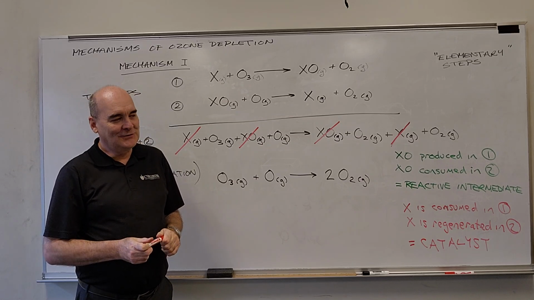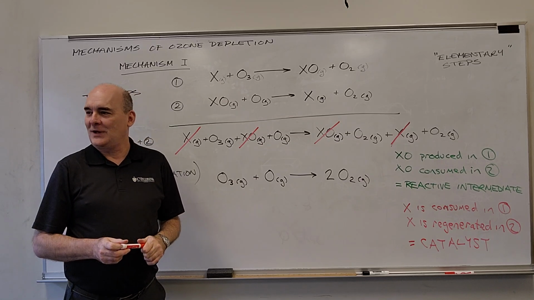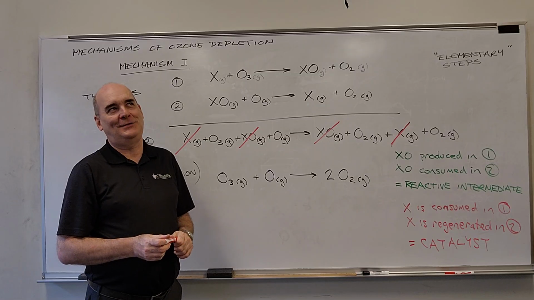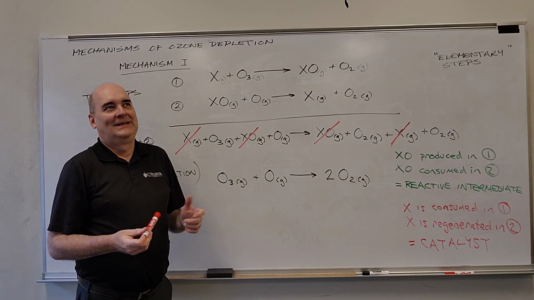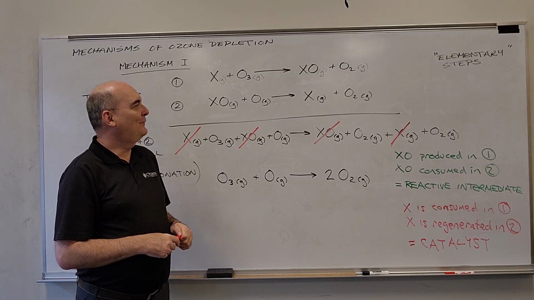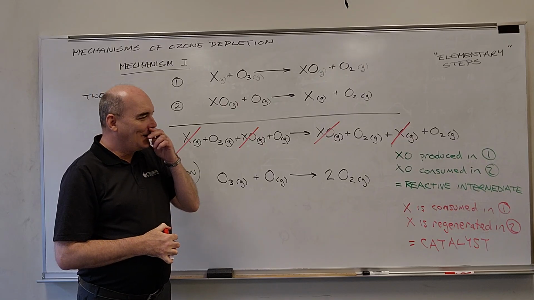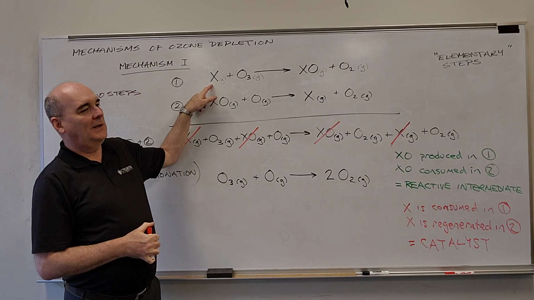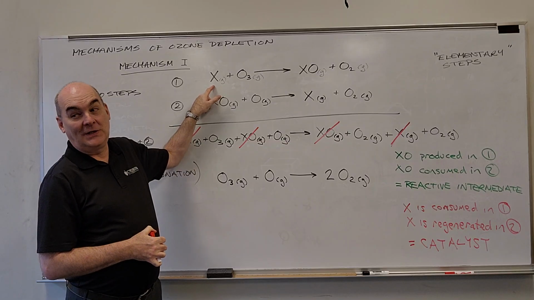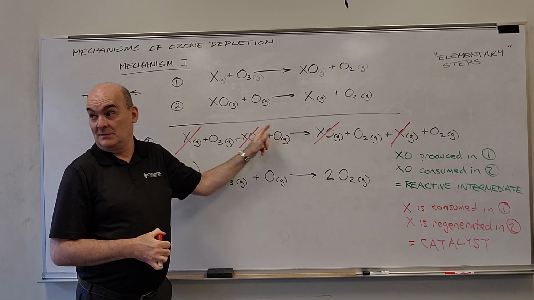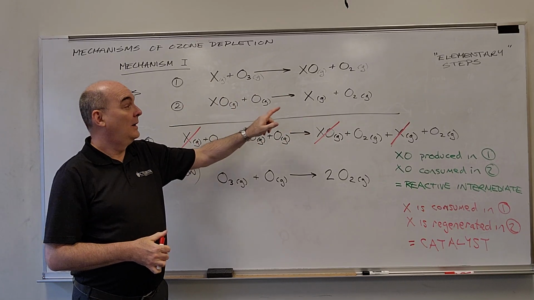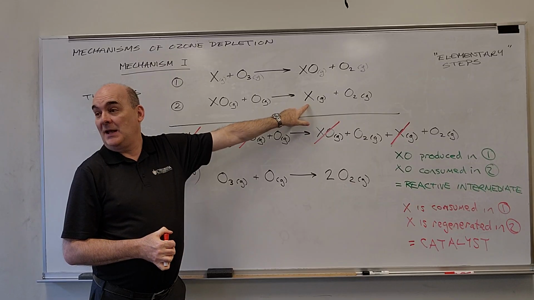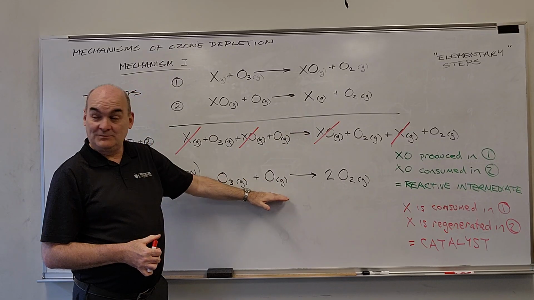We didn't mean to. We took every attempt that we could think of to not put it there, they got there anyway. That chlorine will catalyze the depletion of ozone and then pop out at the end. So it doesn't show up.